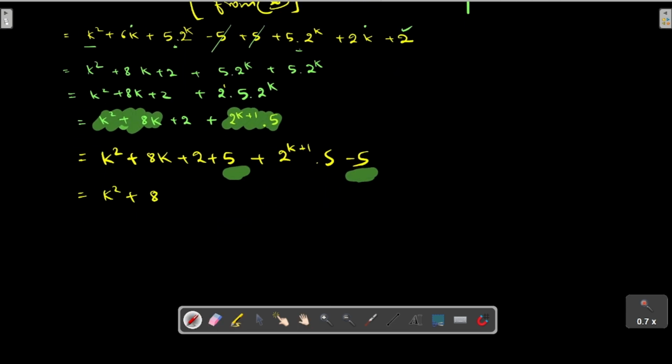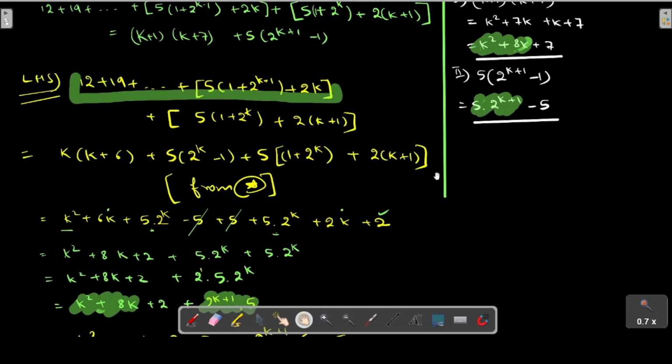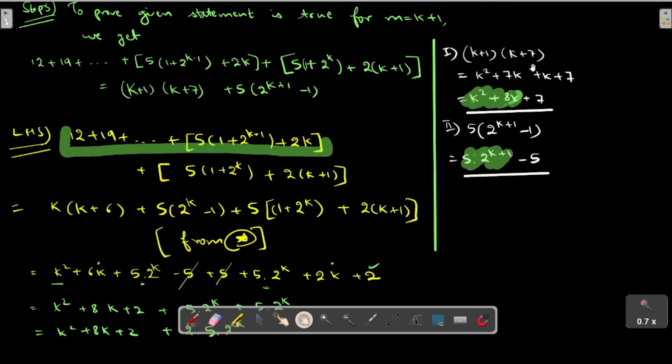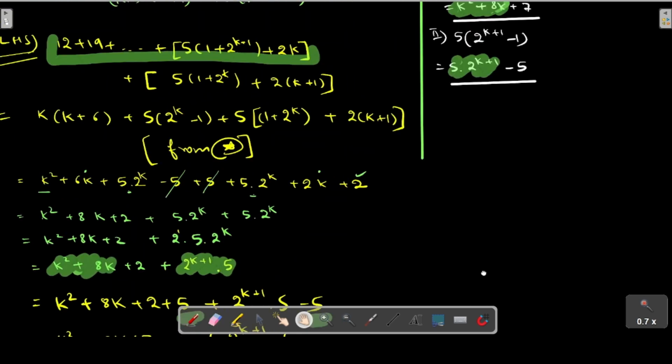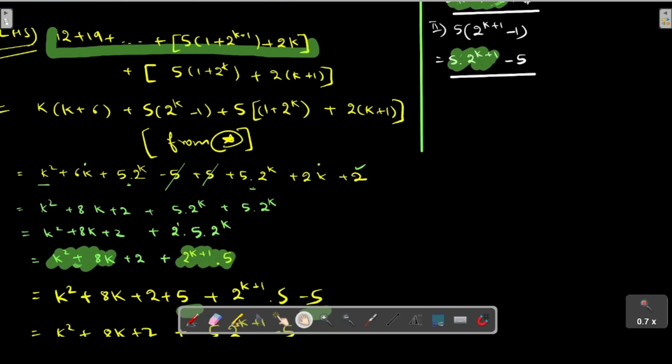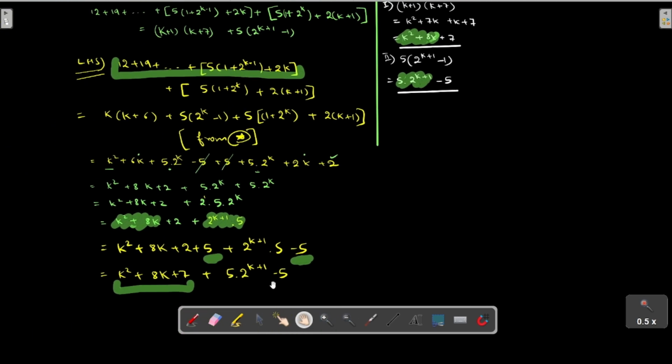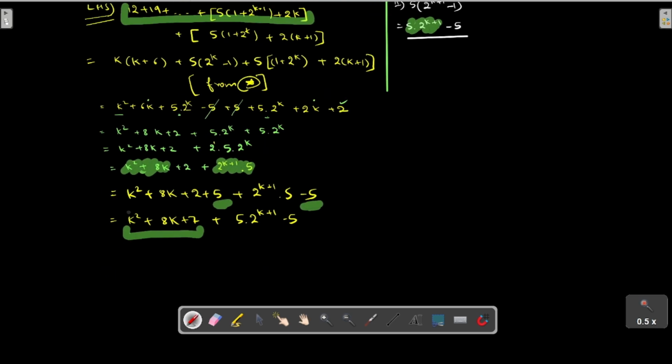k square plus 8k plus 7 plus 5 times 2 to the power of k plus 1 minus 5. Now just see from here, this is equal to the product of k plus 1 and k plus 7, right? And here this is also the same. So I can pull out 5 and I'll get the second part. So hence our result is proved.